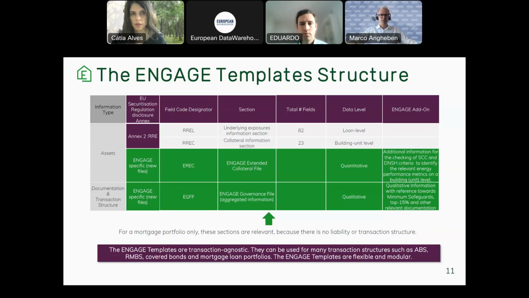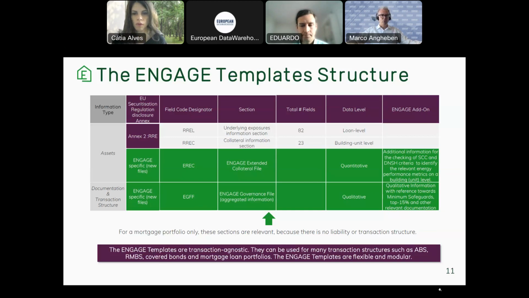And the ones in green are actually the parts which are the new fields that are Engage specific. These are dealing with the parts that are relevant for the do no significant harm and substantial contribution criteria.